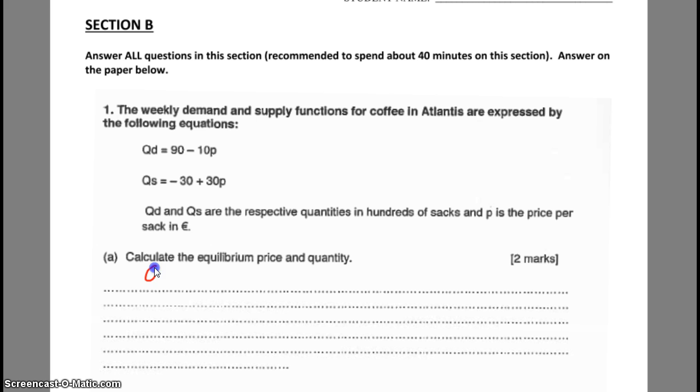So 90 minus 10p equals minus 30 plus 30p. Then obviously we get rid of that minus and add 30 to both sides. So 120 minus 10p equals 30p.